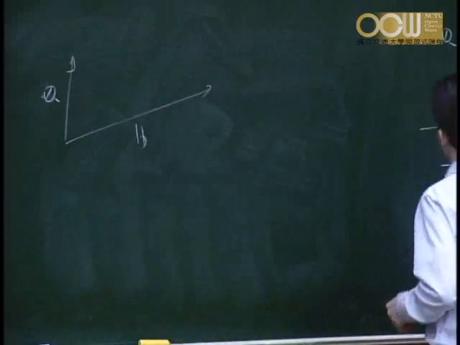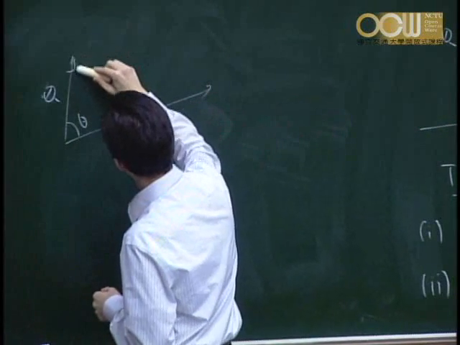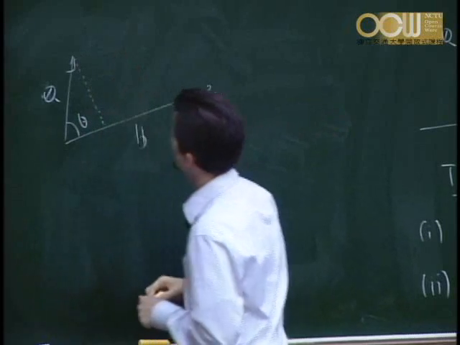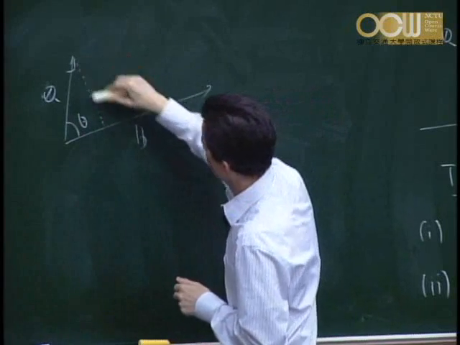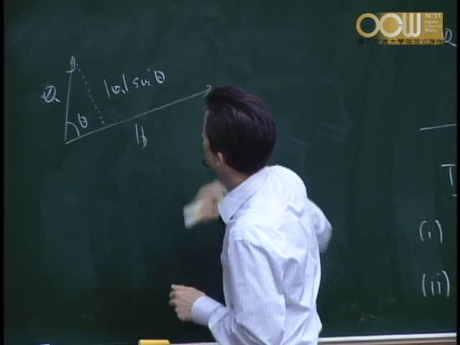Here we have the length of A. And this angle will be theta. Then we know that the length here is the length of A times sine of theta.